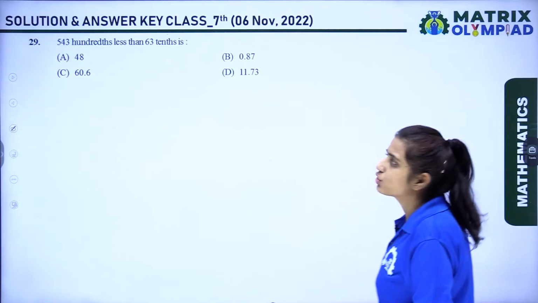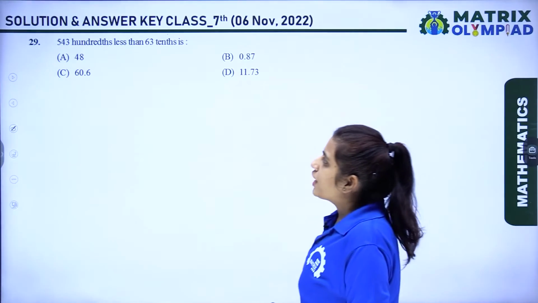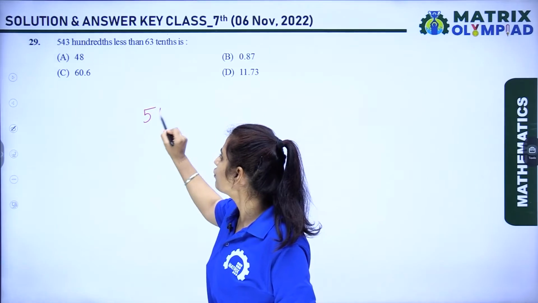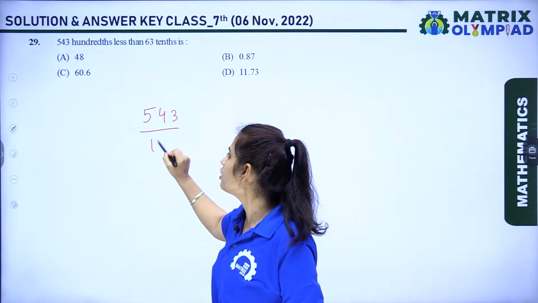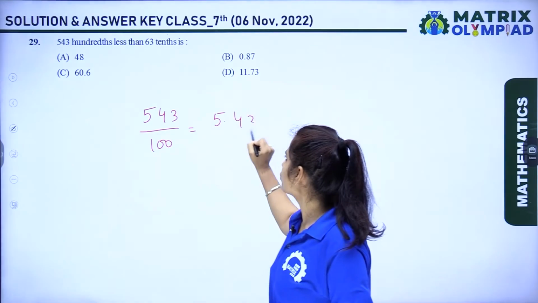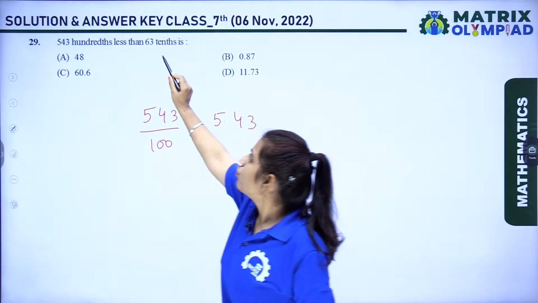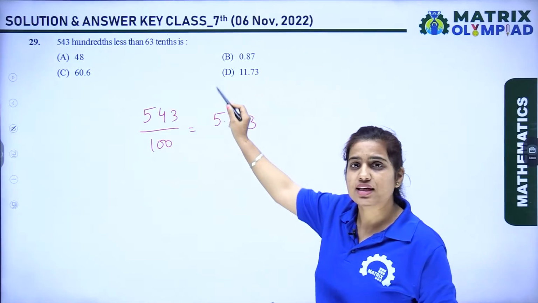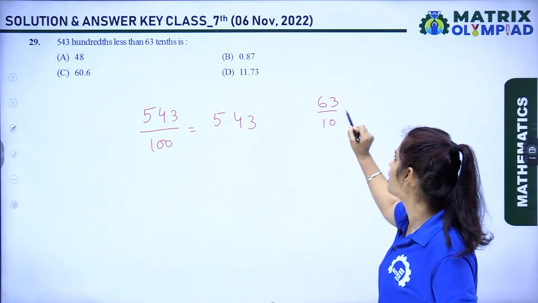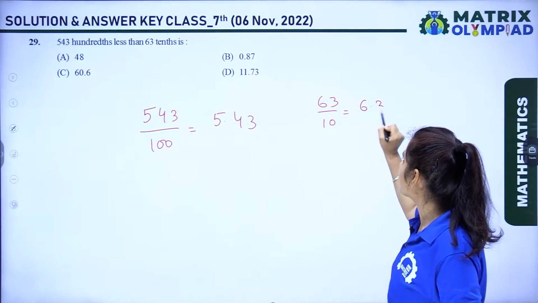Next question is 29th. 543 hundredth means 543 upon 100, that is 5.43. Less than 63 tenth is. 63 tenth means 63 upon 10, which can be written as 6.3.